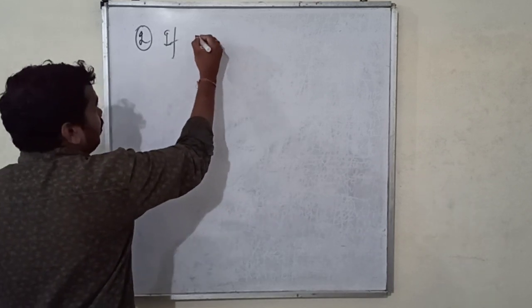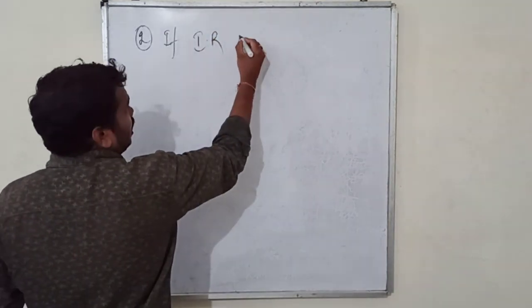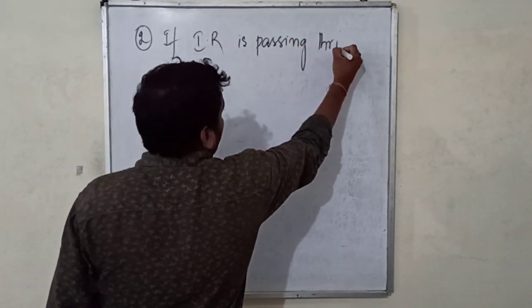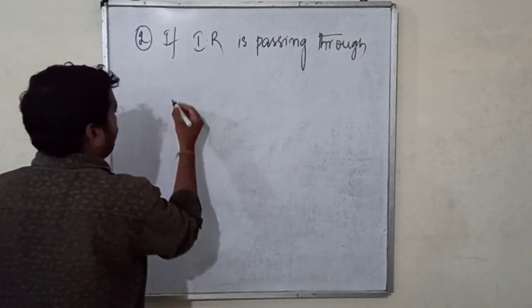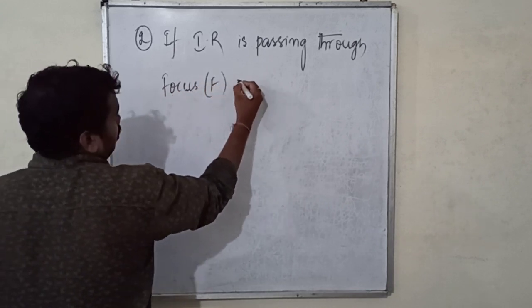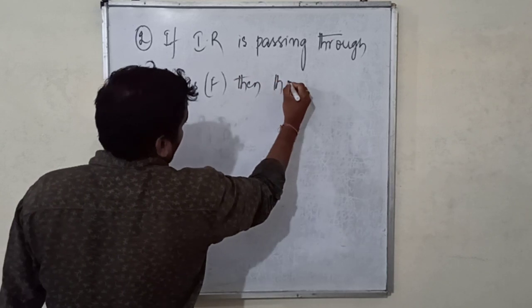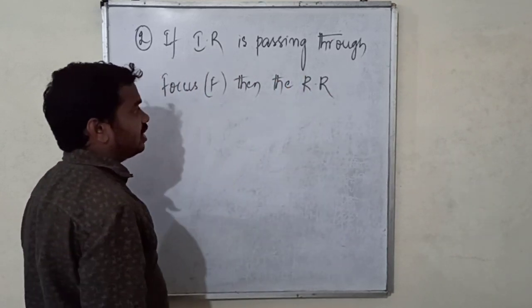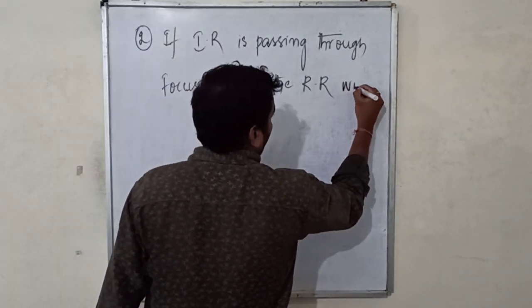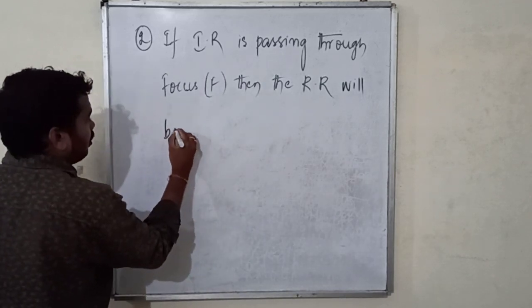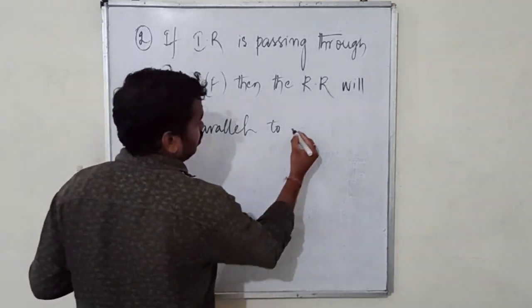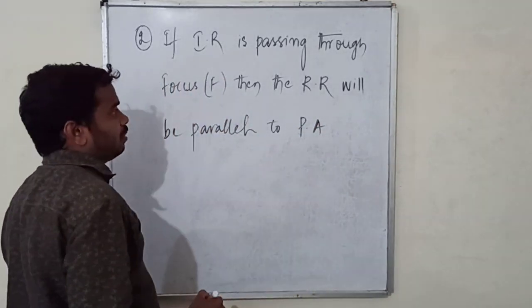If the incident ray is passing through focus, then the reflected ray, RR means reflected ray, will be parallel to the principal axis.